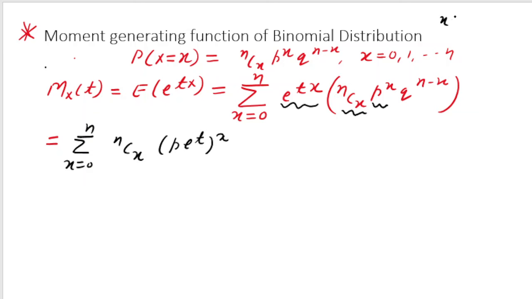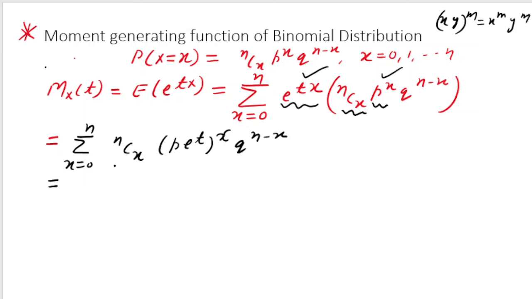I hope you remember that x to the power m into y to the power m can be written as xy whole to the power m. So I have just combined this term and this term. I am slow because you should understand it carefully, and this may be asked in the exam also. So (p e to the power t) to the power x and q to the power n minus x.